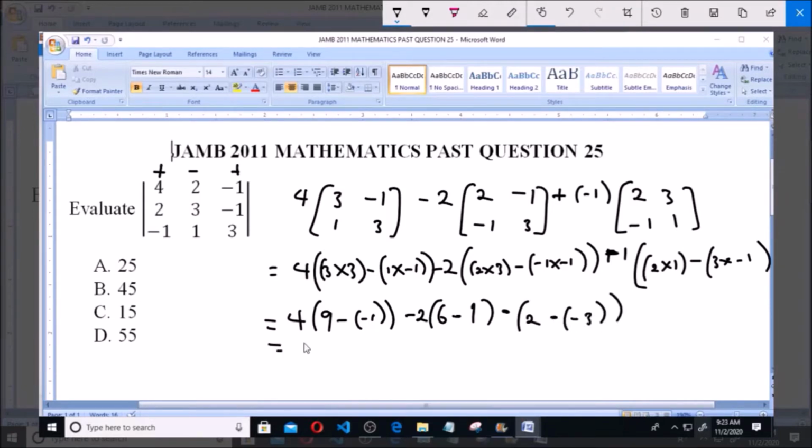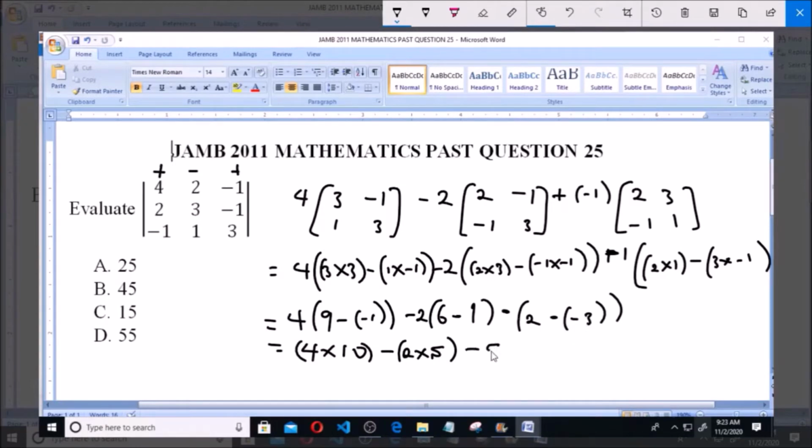Now 9 minus 1 will give us 9 plus 1, which is 10. So 4 times 10, minus, now 6 minus 1 will give us 5, so minus 2 times 5. Then 2 minus 3 will give us 2 plus 3, which is 5.